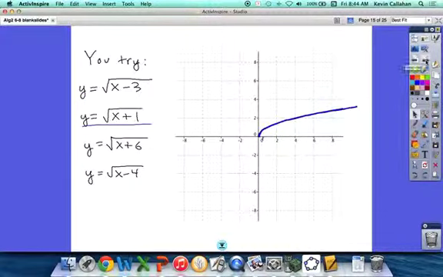How about the next one? Left 1. Left 1. Done. How about the next one? Left 6.